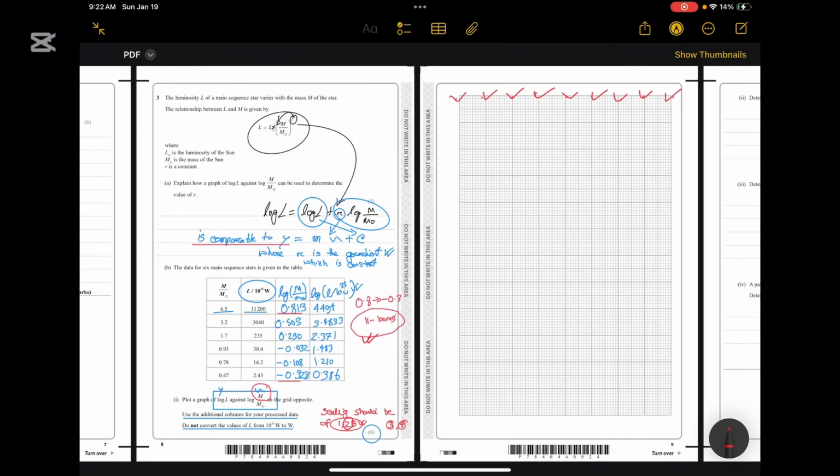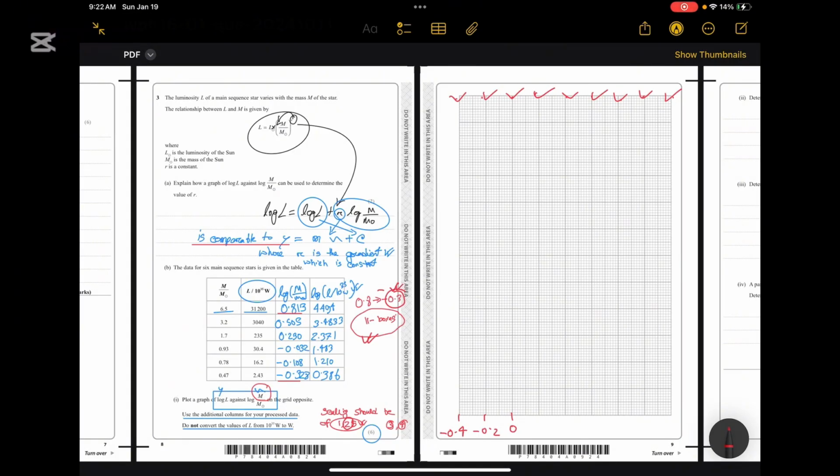So 0.3 is on the negative side and 0.8 is on the positive side. If we take this as our 0 point, this is minus 0.2 and this is minus 0.4.